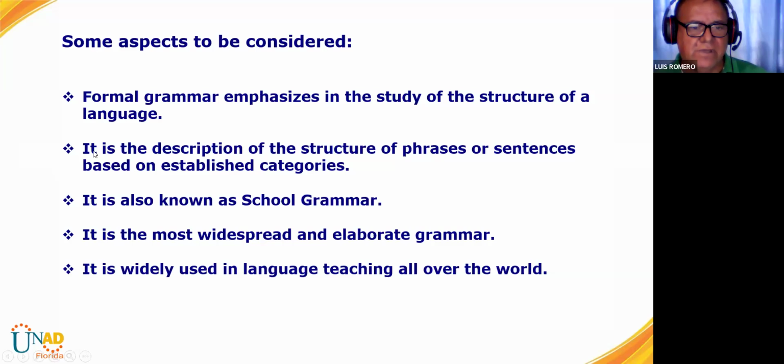A second aspect to be considered is this one. Formal grammar is a description of the structure of phrases or sentences based on established categories. In some pages, we will have some examples of those categories.